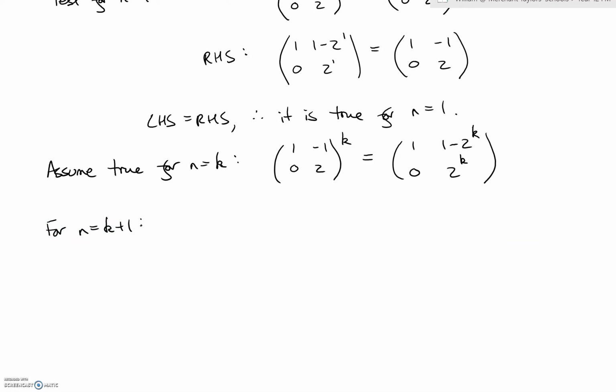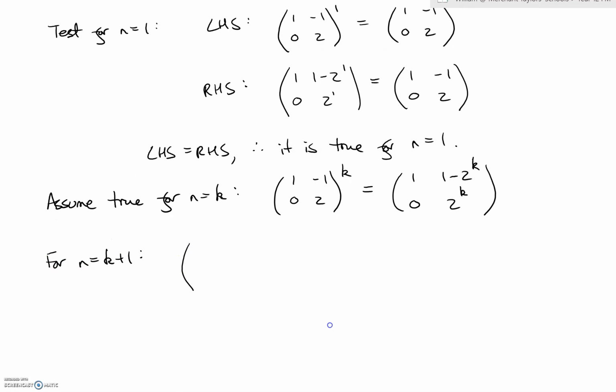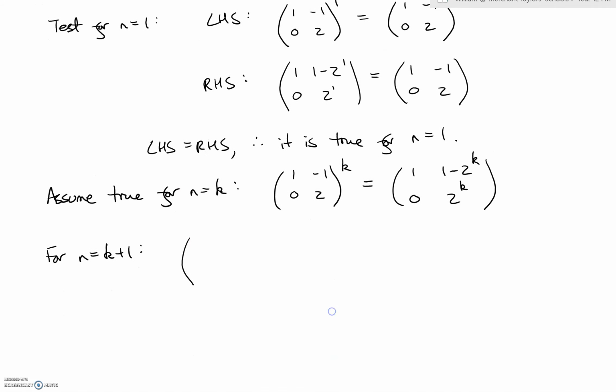So for n equals k plus 1, we have the same matrix on the left, 1 minus 1, 0, 2, but this time to the k plus 1. Okay, and we want to try and prove that it's true. So this kind of thing happens where it's for k plus 1 instead of k, but we'll be using that assumption in the step above. We'll be using this assumption here.